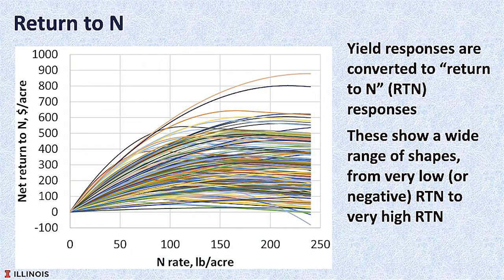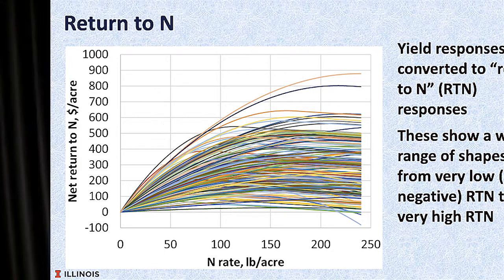We subtract the yield with no nitrogen and just turn it into a nitrogen response. So these are the return to N responses, and we can do this. We can change the ratio of corn price to N price, and that's what we do. These show a wide range of shapes, as I said, and from very low or even negative return to N to very high return to N.